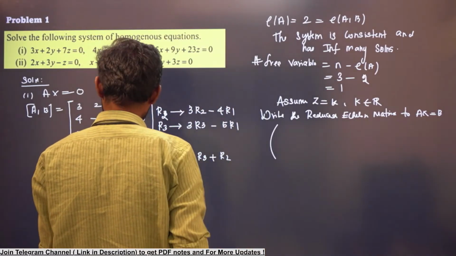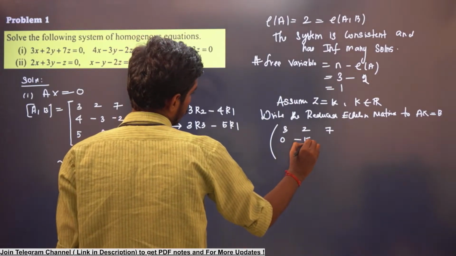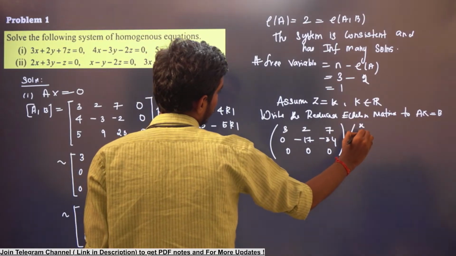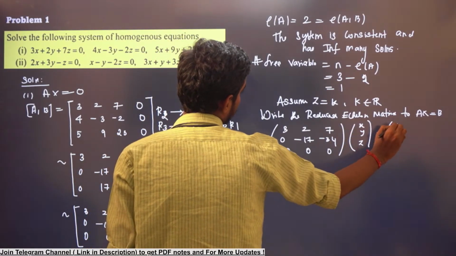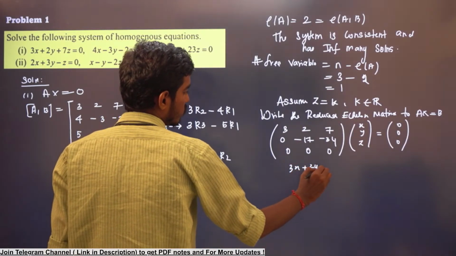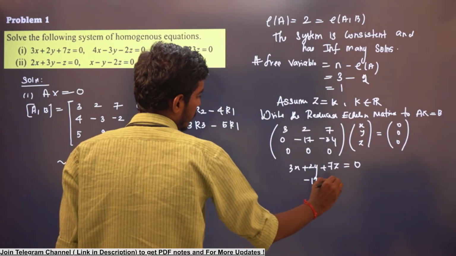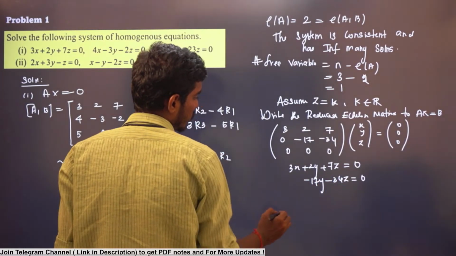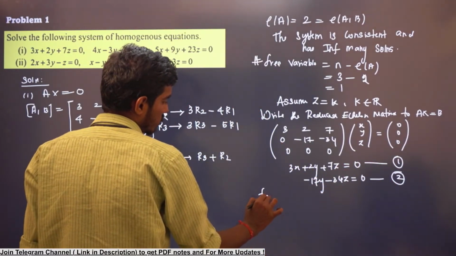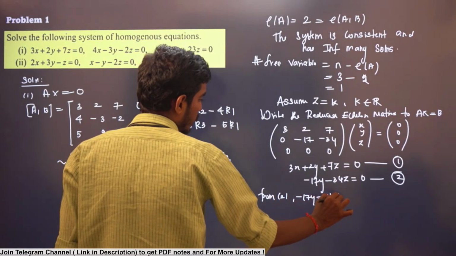So your reduced echelon matrix will be 3 2 7, 0 minus 17 minus 34, 0 0 0, and it is x y z, and this is always 0. So you have 3x plus 2y plus 7z is 0, minus 17y minus 34z is 0, right? And we know z is k. So from 2, minus 17y is 34z.